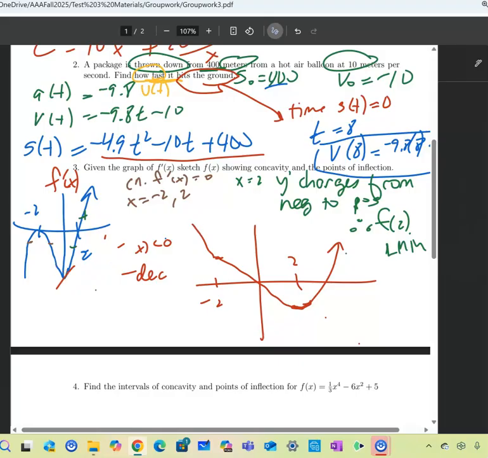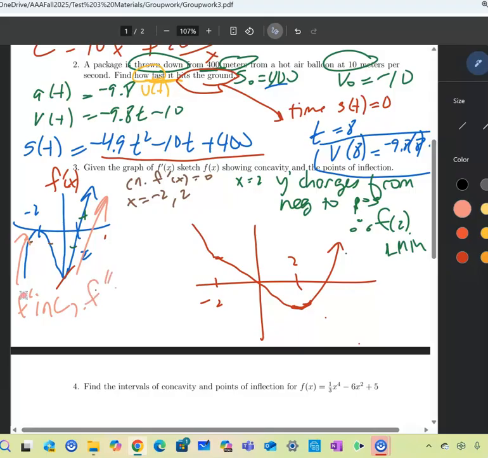Okay, so then let's talk about the concavity. So you've got the basic idea. Whenever f prime is increasing, that's here and here, that's when f double prime is positive, and that's where f is concave up.